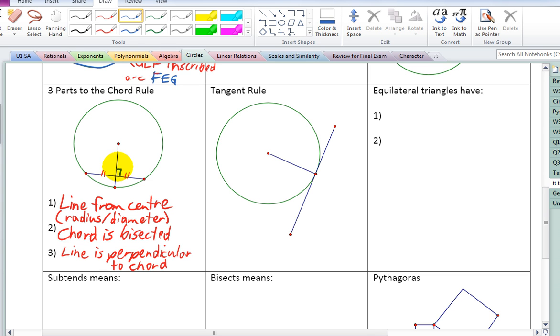Okay. We looked at the tangent rule yesterday, and the tangent rule and the line from center join at 90 degrees. So tangent is perpendicular to a line from center. Okay.